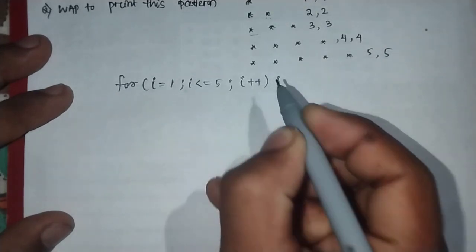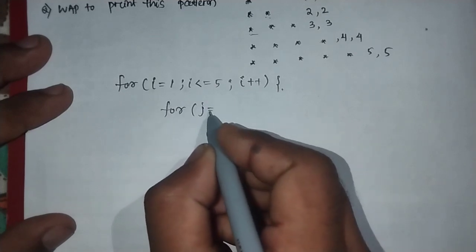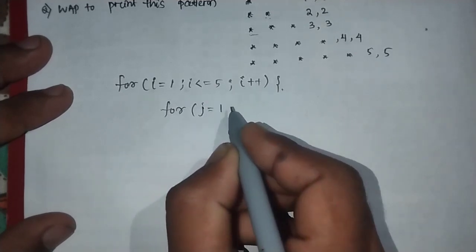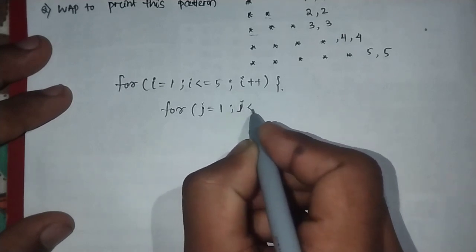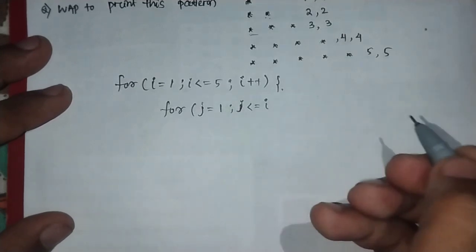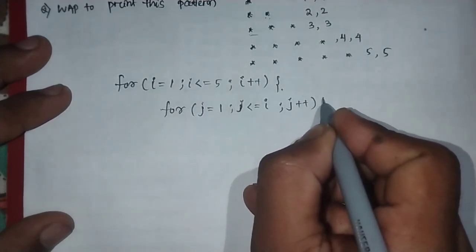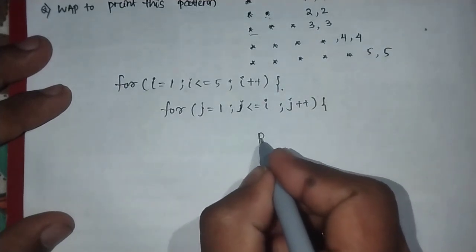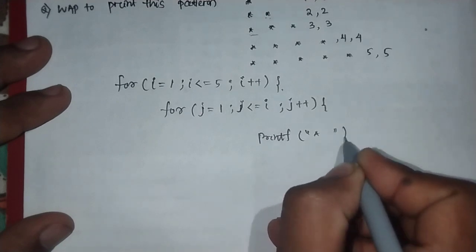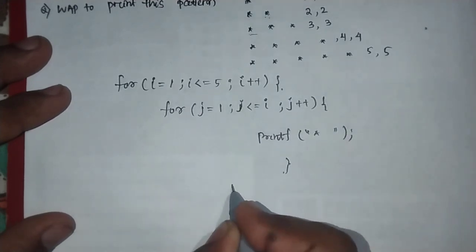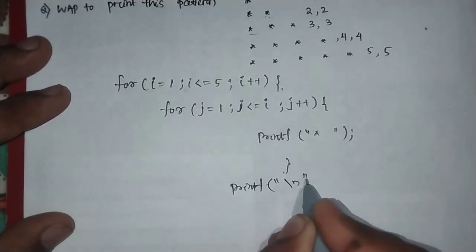In the inner loop, the variable will start from 1, but it will end at i, and j++. Now print a star in each element. After this, go to the next line. For this, write printf("\n").